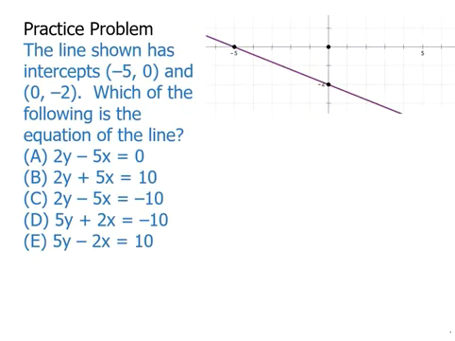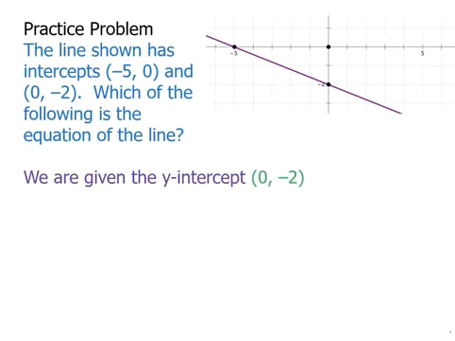Here's a practice problem. Pause the video and then we'll talk about this. A couple of videos ago, we talked about how if you were given the x-intercept and the y-intercept of a line, we could find the equation of the line. And that's exactly what this problem is asking us to do. We have a little slope triangle drawn right here.